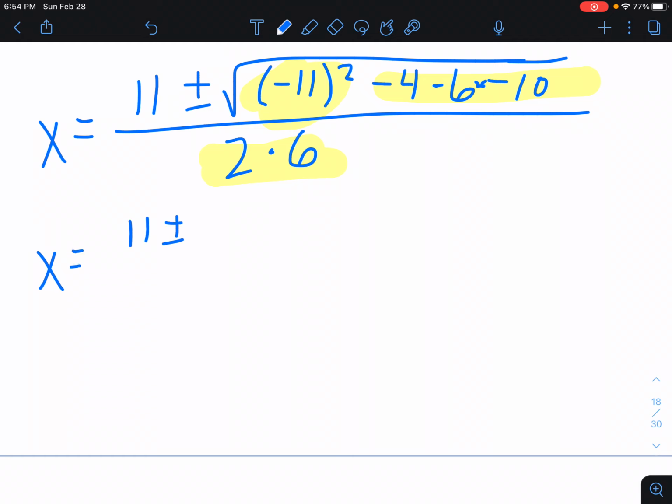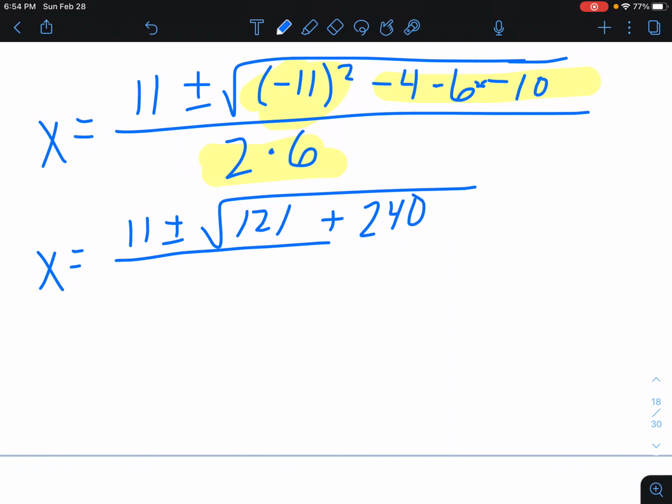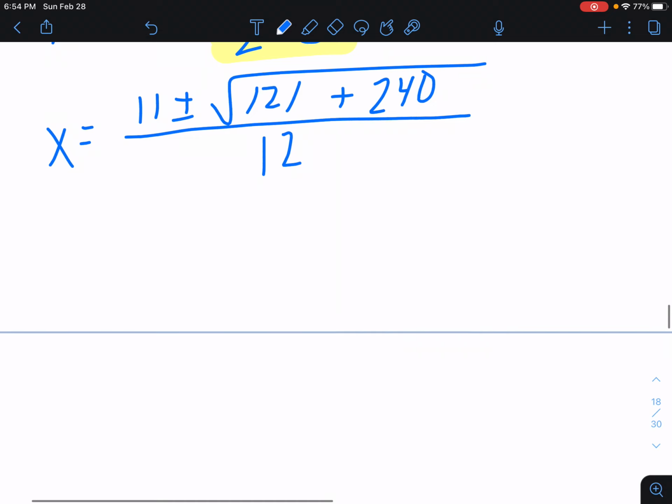So negative 11 squared would be 121. And then minus, that would be double negatives, that would be a plus. 4 times 6 is 24, times 10 is 240. And divided by, that would be 12 from 2 times 6.